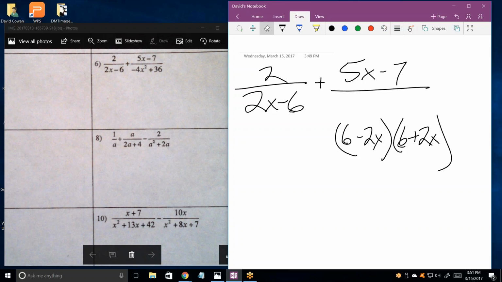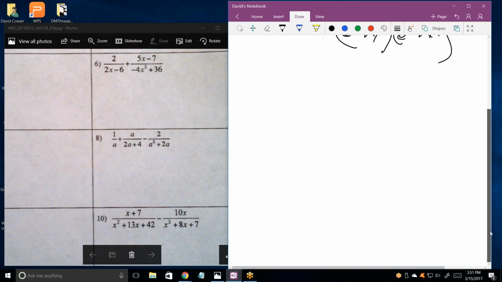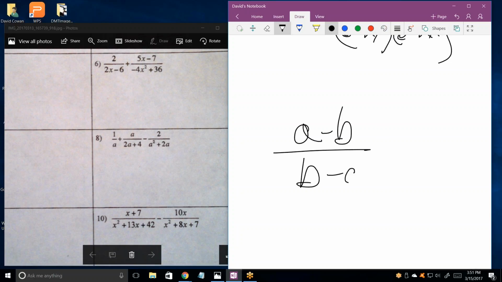You can pull the 2 out of the denominator on the left side too. I'm not sure we want to yet, though. Let's talk about something else. What is this equal to? Negative 1.